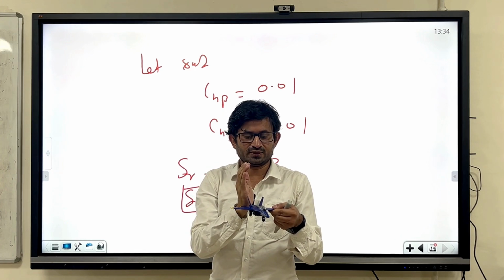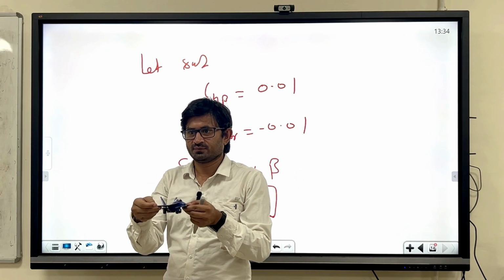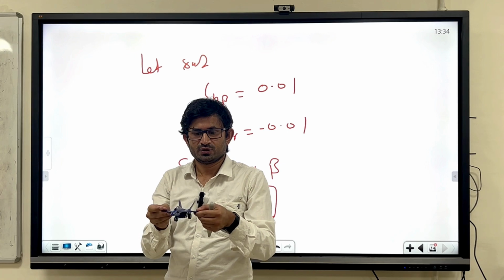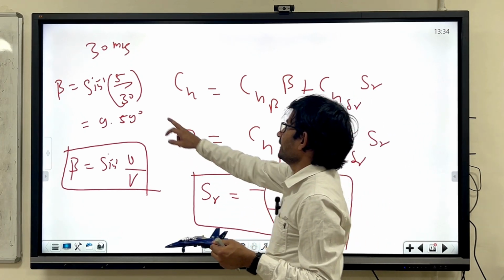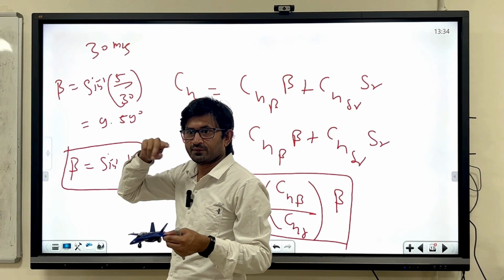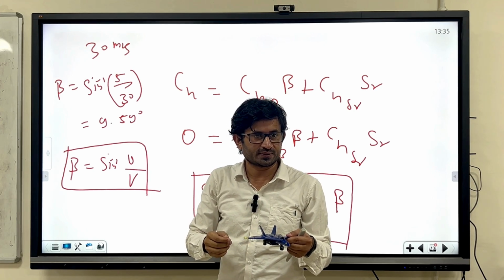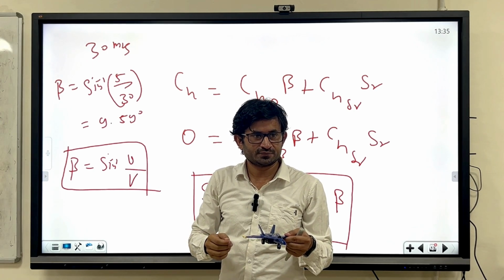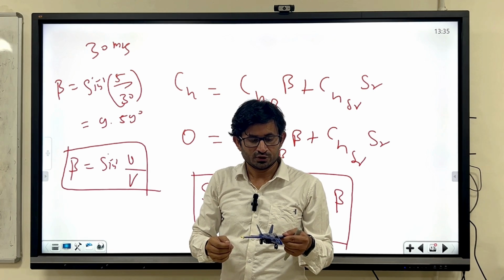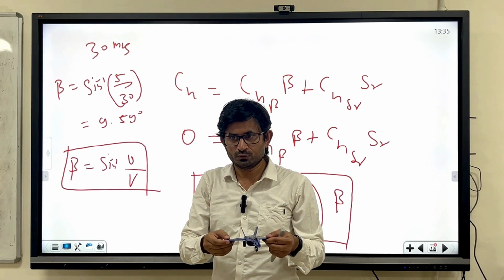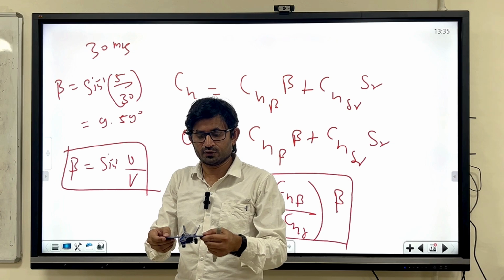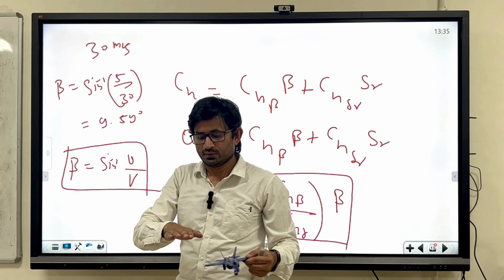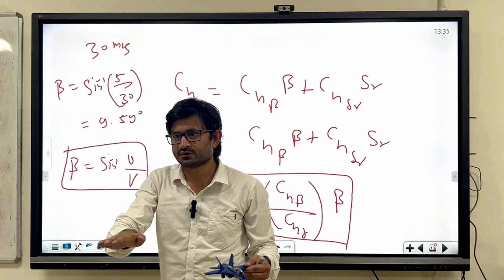So if you deflect the rudder in this direction, what kind of motion will happen? This motion, right? So consider this scenario. What I have taken: a crosswind of 5 meters per second is coming, and the direction is positive, right? That means the aircraft will try to take a yaw, it will try to have a side slip like this.